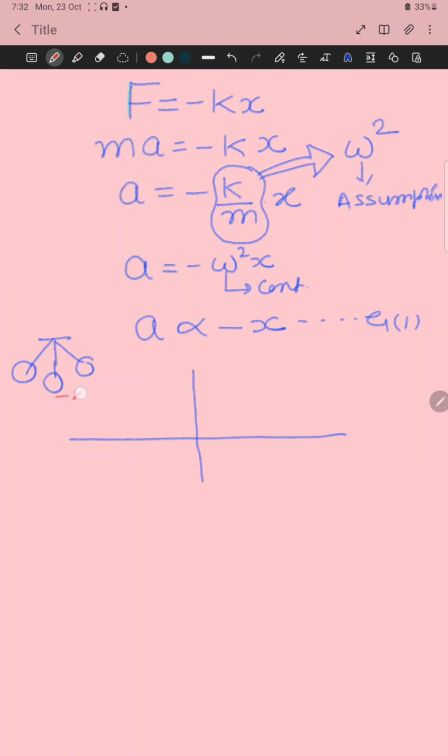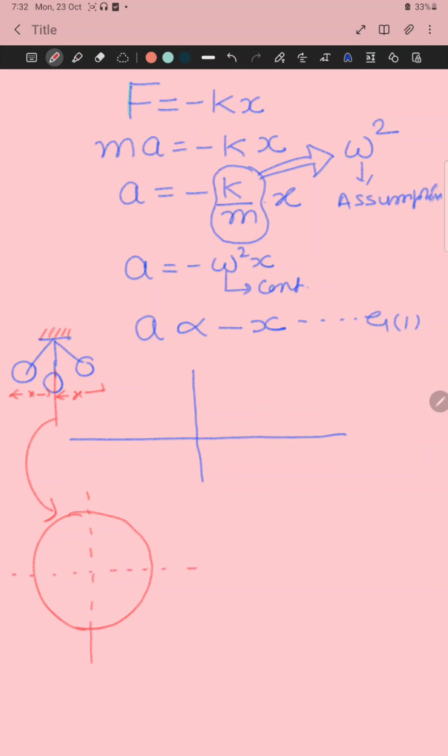Here we can say, from the mean, the displacement would be x, and for the time being let's consider the maximum displacement of the given SHM by one notation. Let me quickly tell you.